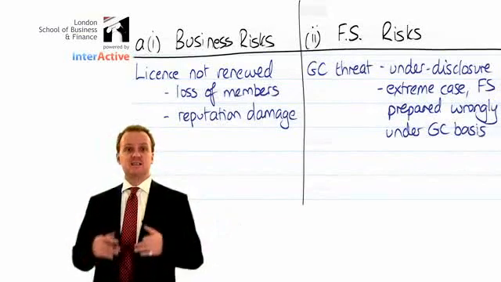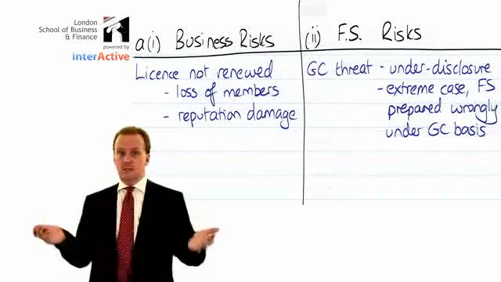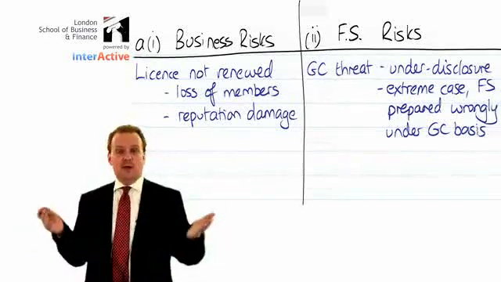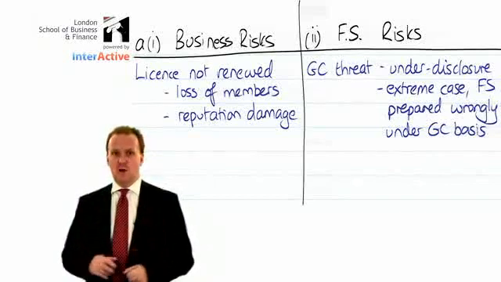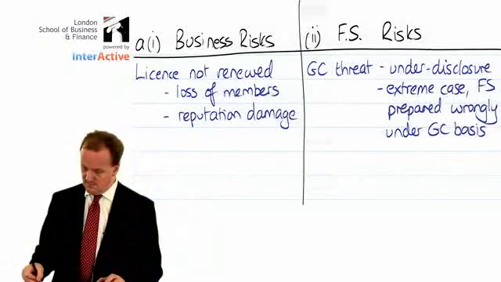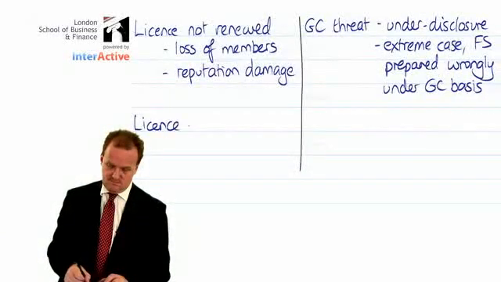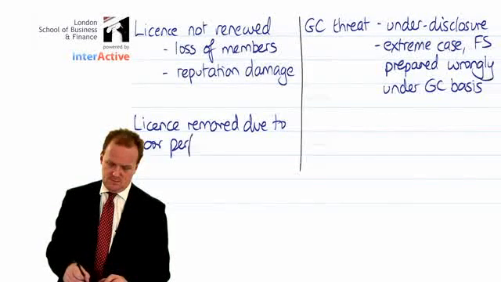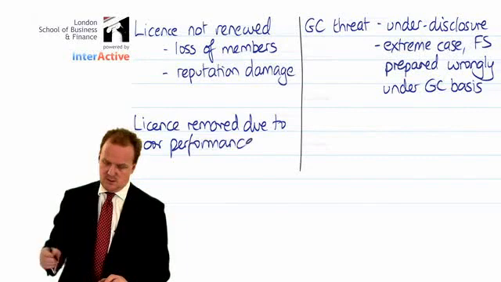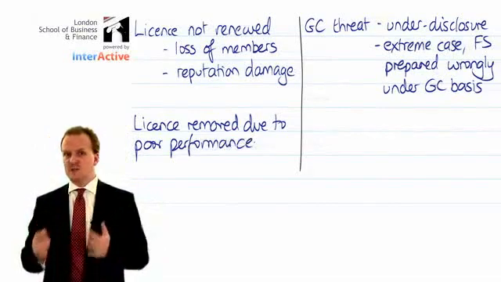And I suppose if a licence was actually taken away before it even finished, maybe due to poor performance or breaching terms and conditions, breaking the law in one of the centres, you'd get pretty much the same issue, but there would be an additional problem as well. Because now you get the same risks, but you get an additional financial statement issue.